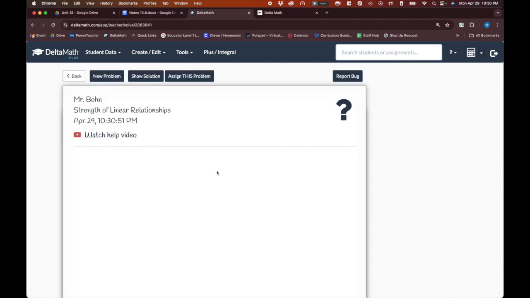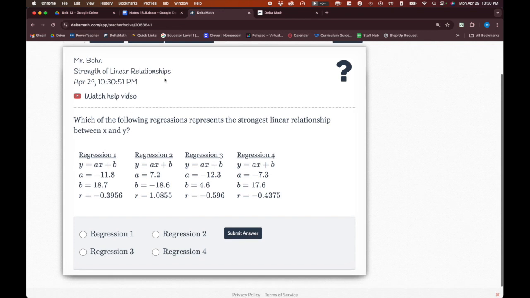The second one says strength of linear relationships. Now this one's a little bit different, but really what we've been given is a lot of information. When I'm talking about the strongest linear relationship, what I'm really talking about is these R values right down here at the very bottom.